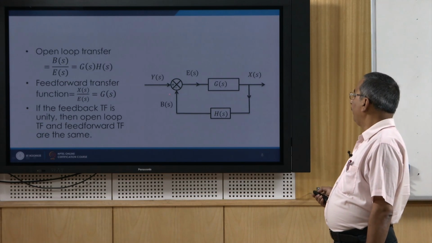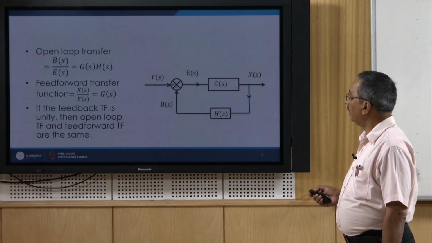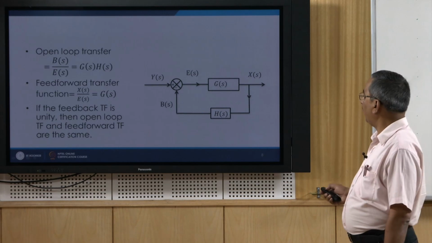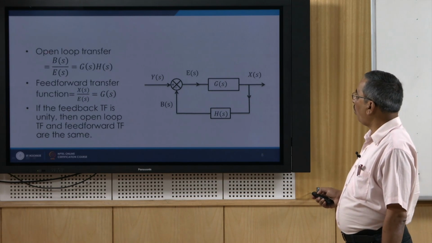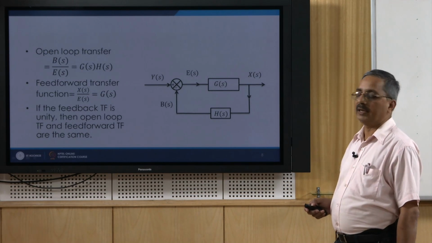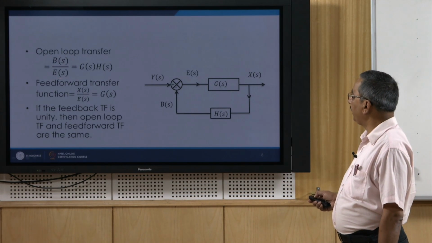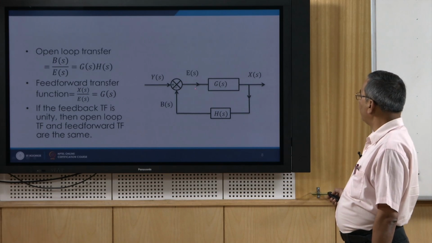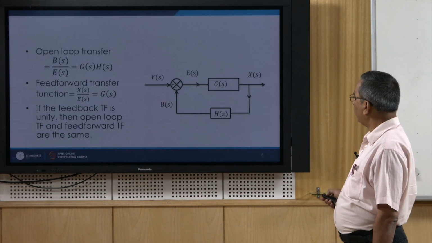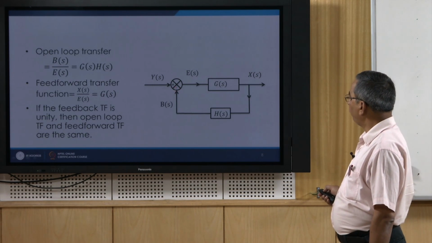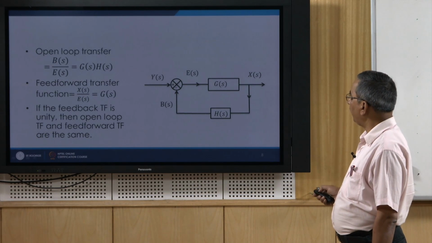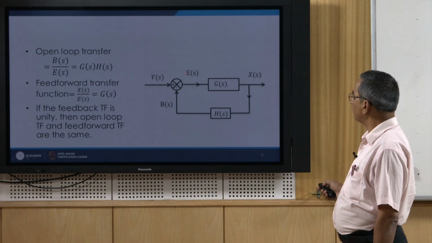So let us define some transfer functions. In this case the open loop transfer function is defined as the ratio between Bs and Es. You can see that Bs is the input to the summer here, and Es is the error signal, that is Ys minus Bs.